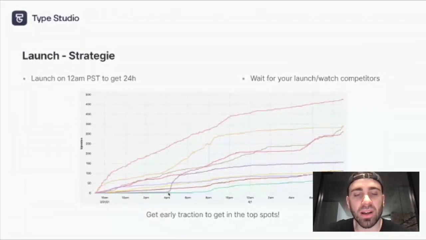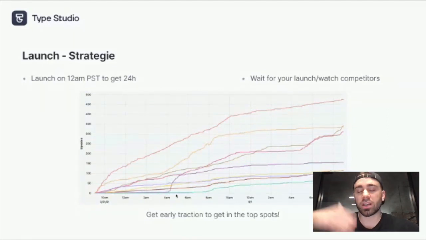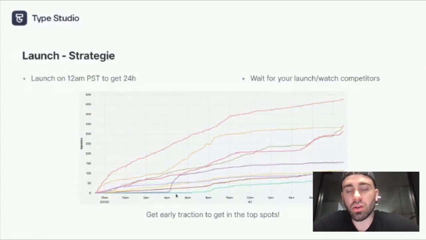that people are submitting a little bit later, sometimes even later, like 12 p.m. So 12 hours after the day starts. It's this tactic where you wait and watch how strong other products are launching that day, and you see if you can make it to the top spots with your activated community or whatever.